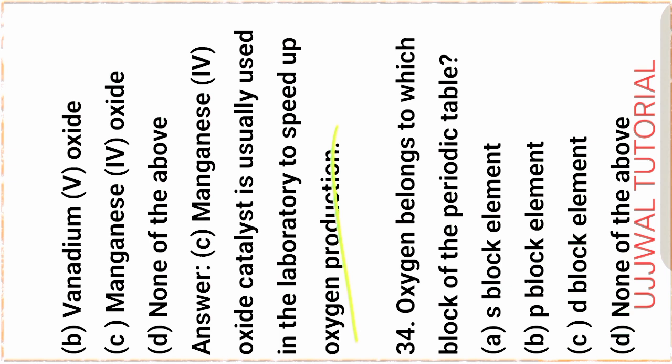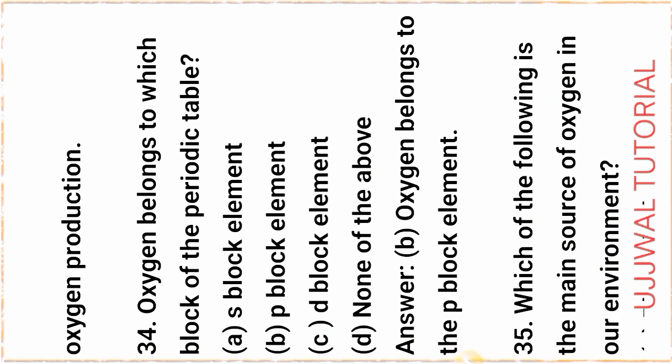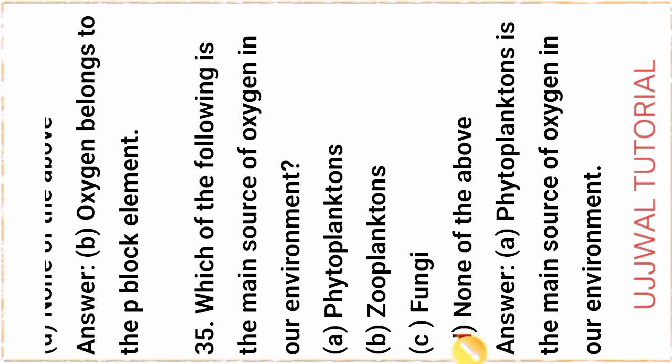Next question, number 34. Oxygen belongs to which block of the periodic table? Option B, p-block element, also called the chalcogen family or oxygen family. Oxygen belongs to the p-block. Next question, number 35.